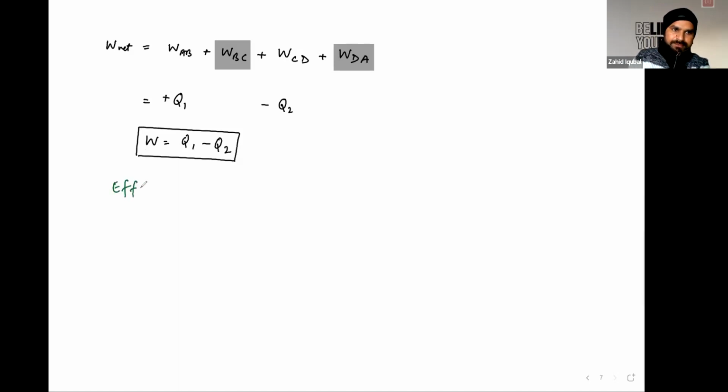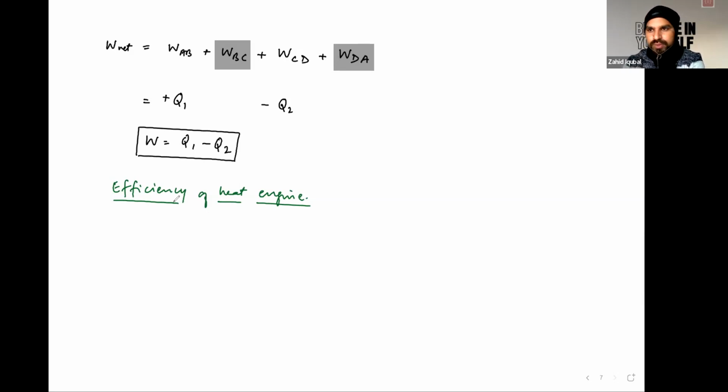So next is efficiency of heat engine. How to define how efficient an engine is? It will be basically how much output or result it has given with respect to how much energy is being given to it.